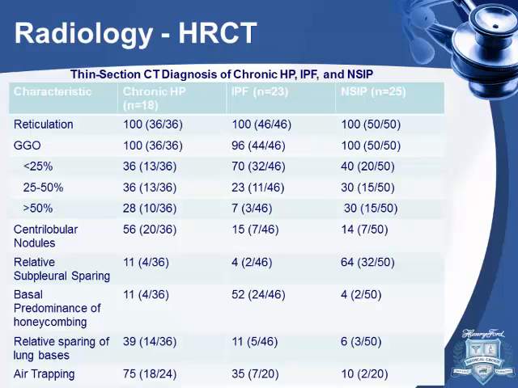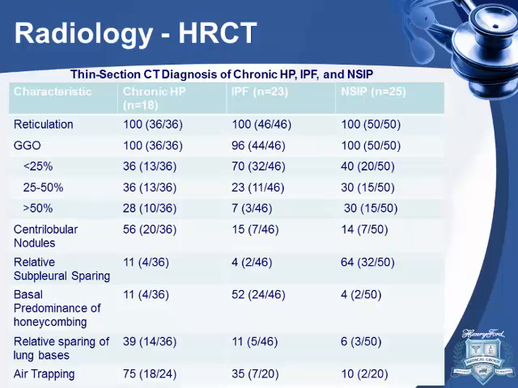You got more honeycombing in IPF and at the bases, which is very important. HP usually does not involve the bases as much. Of course, that's not always the case, but in the common findings, it does not involve the bases. Again, there's relative sparing of the lung bases in HP, with 39%, and significant air trapping more than the others as well.